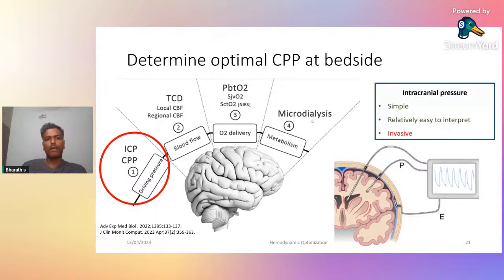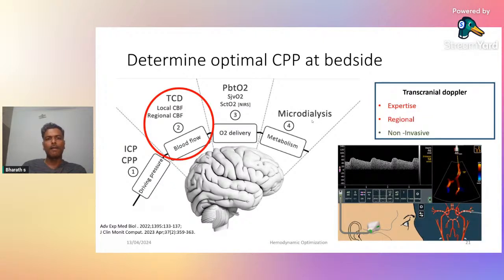And also you can modify your treatment in terms of administration of diuretics or propofol or barbiturates, or even titrating therapy like decompressive craniectomy. Timely intervention is much easier to do because the technology is much simpler and understanding of people is much easier for using intracranial pressure.